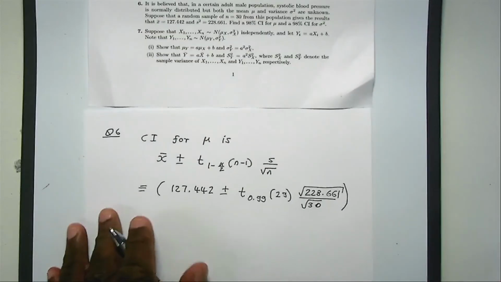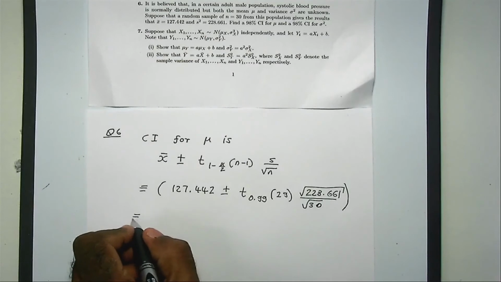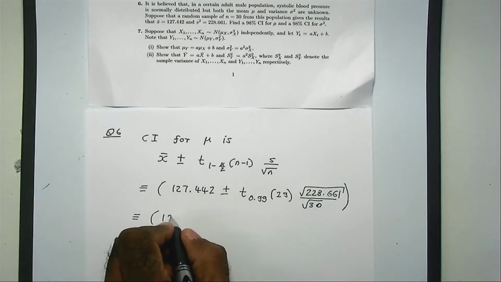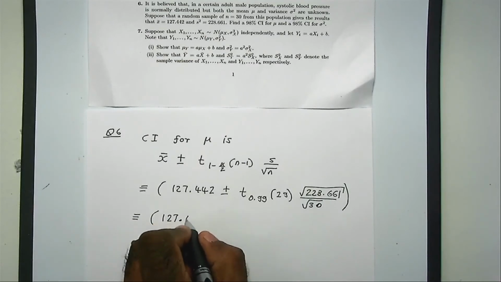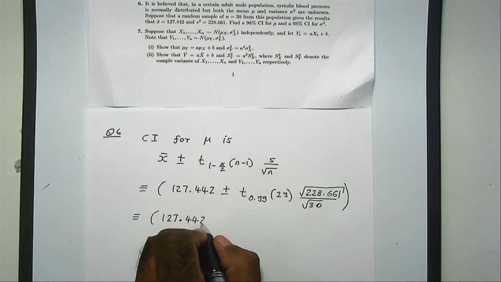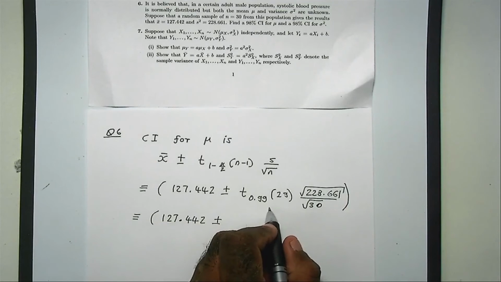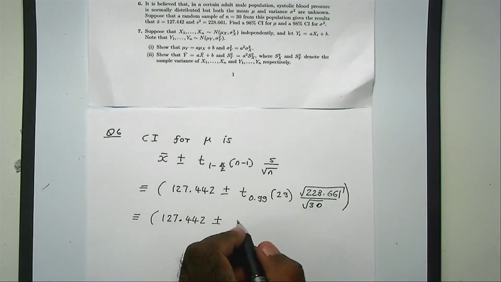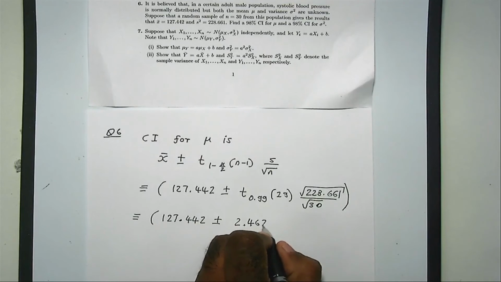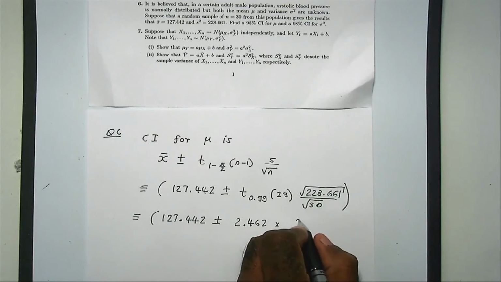Alright, now this you can read off the table for the t-distribution. You will get it to be 2.462 multiplied by.